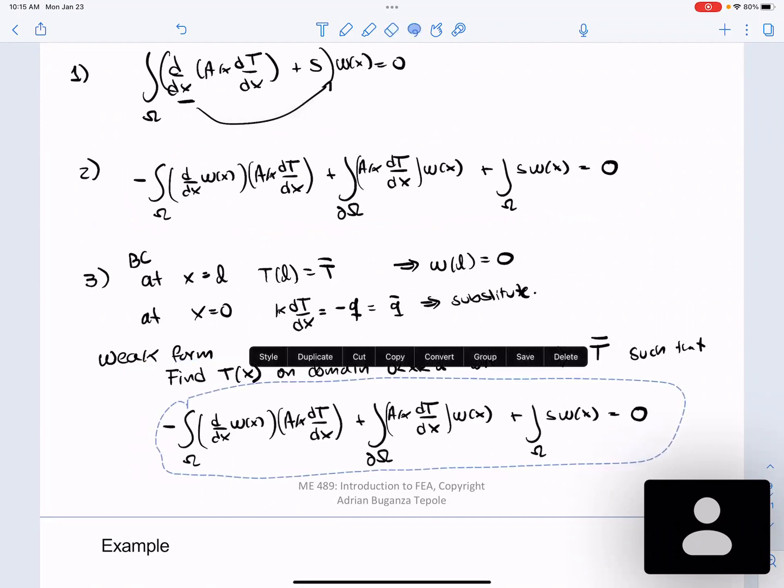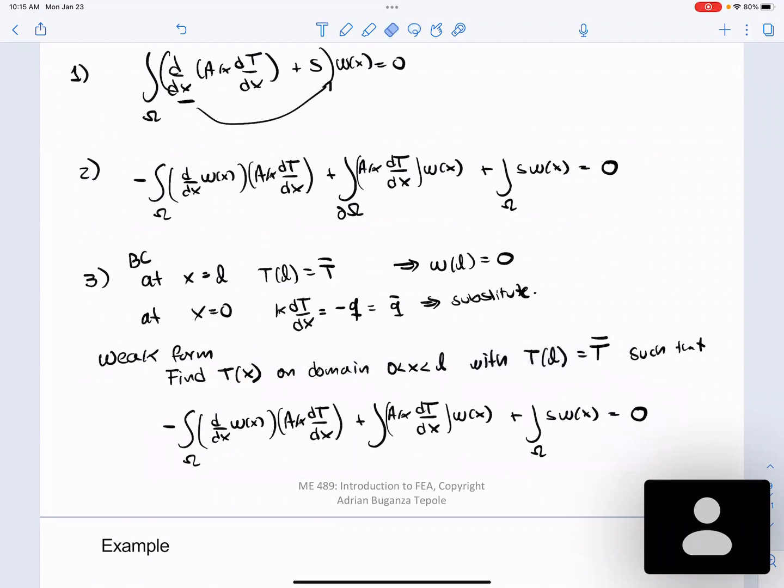Such that this, and now here, not all of the integral, but just the part of the integral that has a flux.